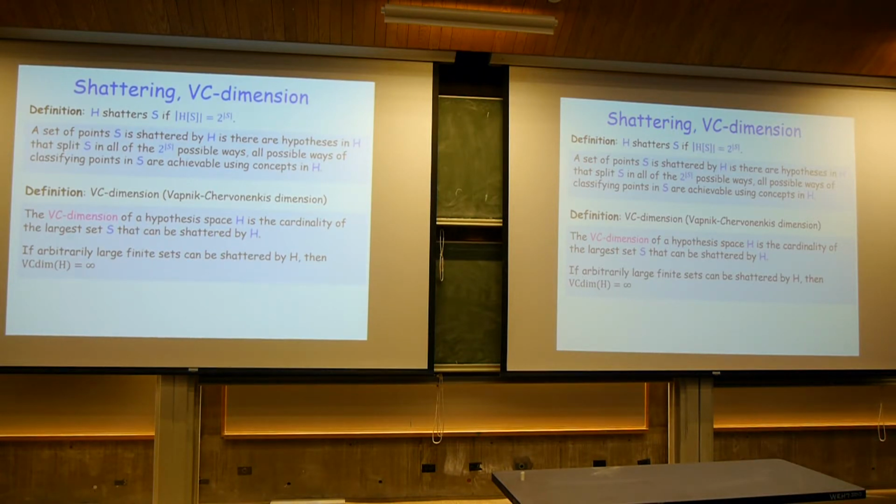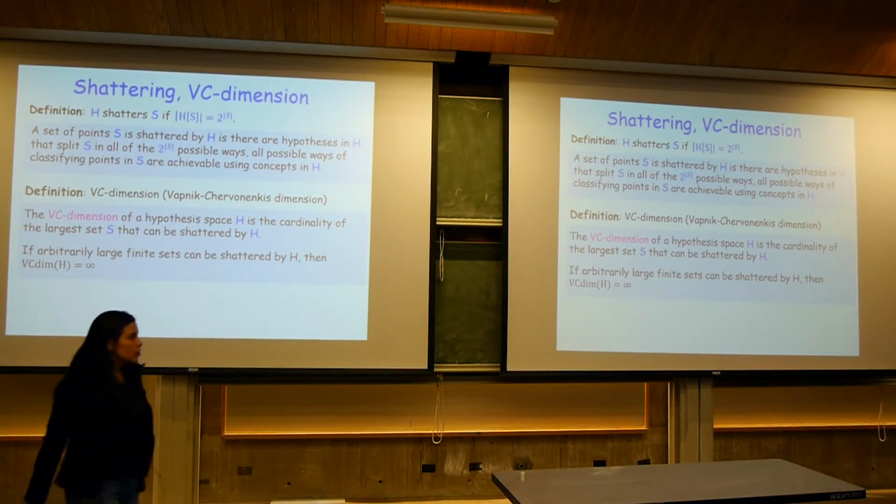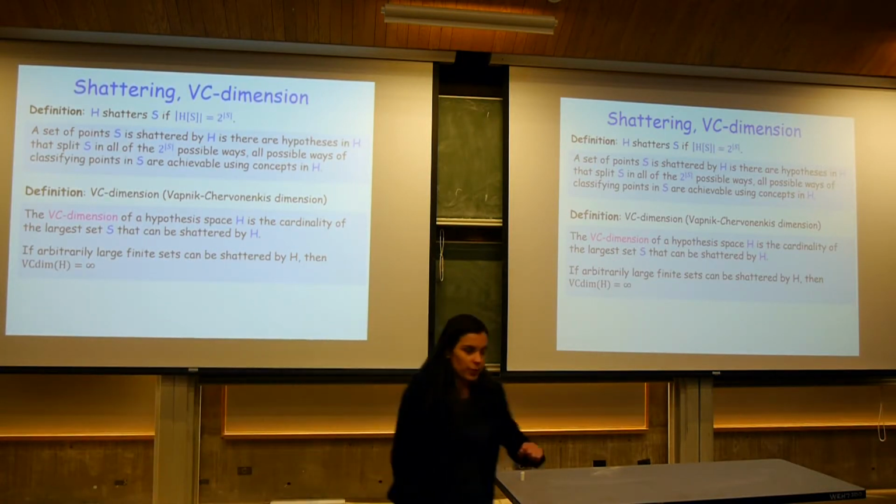So it's the cardinality of the largest set S that can be labeled in all possible ways by concepts in my hypothesis space. Let's assume that this is finite for simplicity for the lecture today.